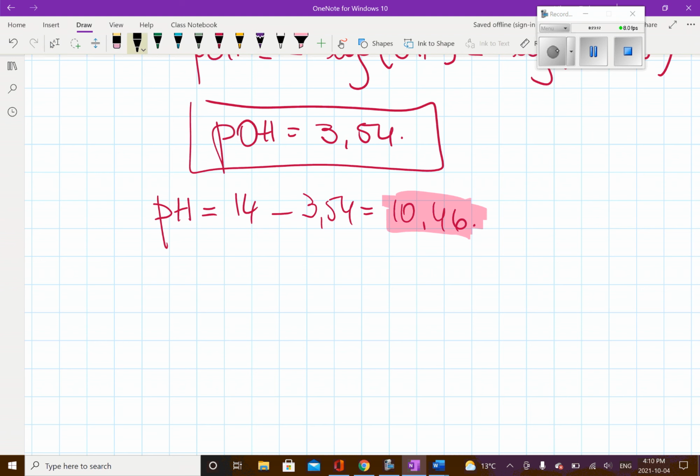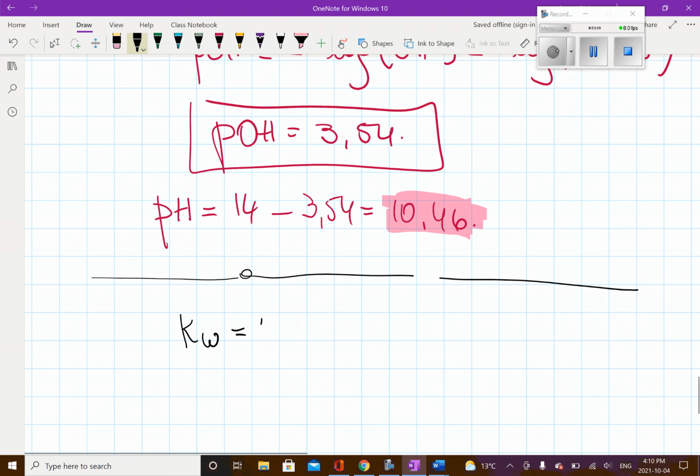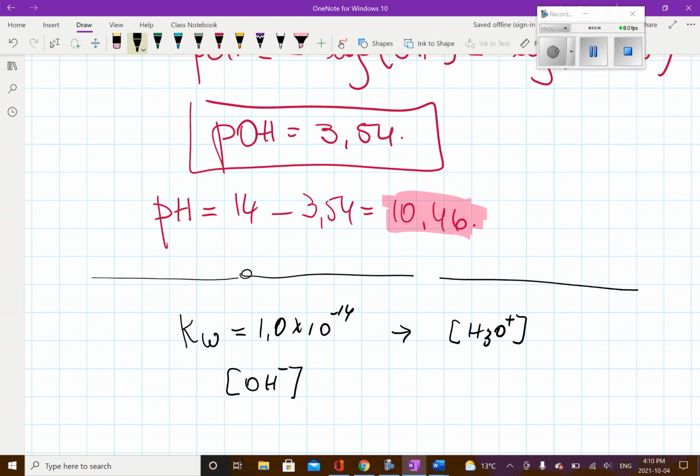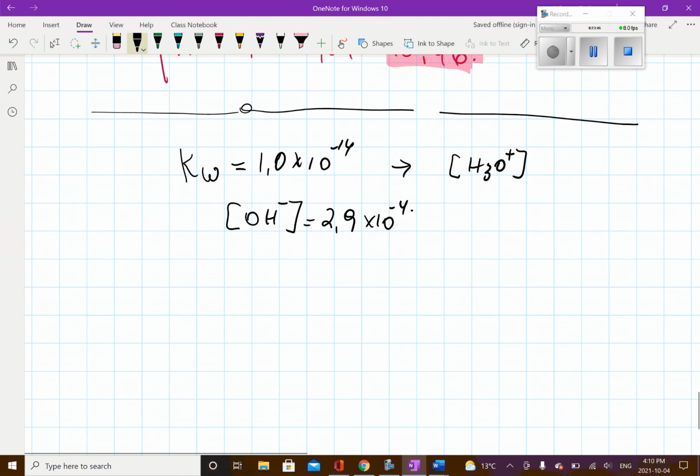If you want to try, and I challenge you to try, using the fact that Kw is 1.0 times 10 to the power of negative 14, you can calculate the concentration of hydronium, knowing that the concentration of hydroxide is 2.9 times 10 to the power of negative 4, and then find the pH and pOH.